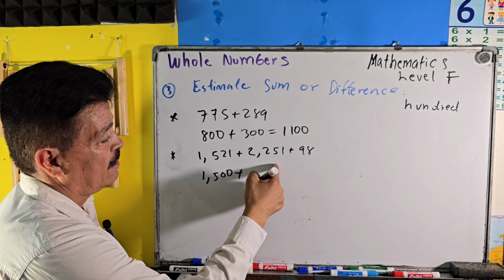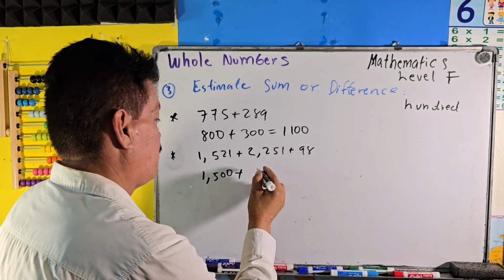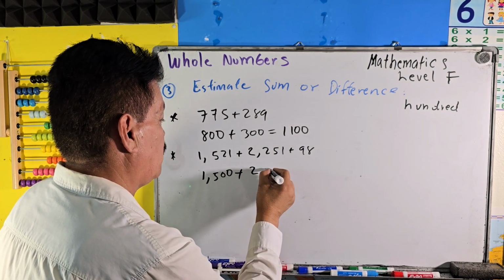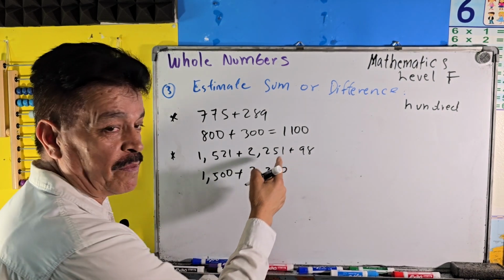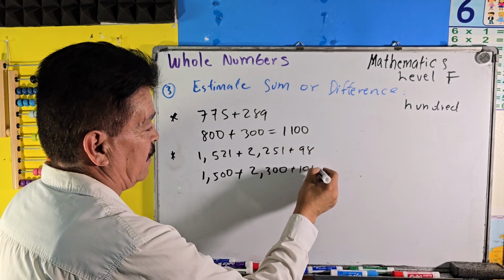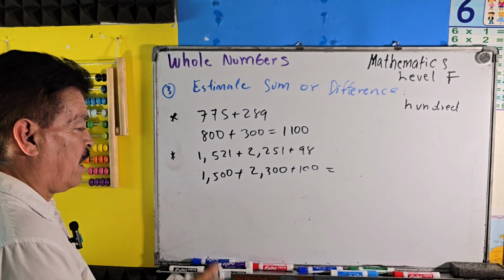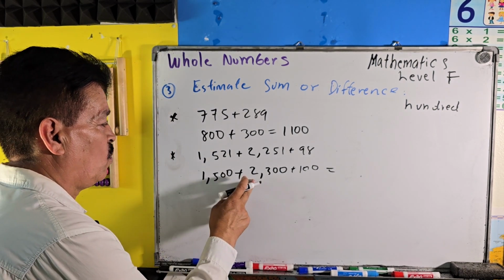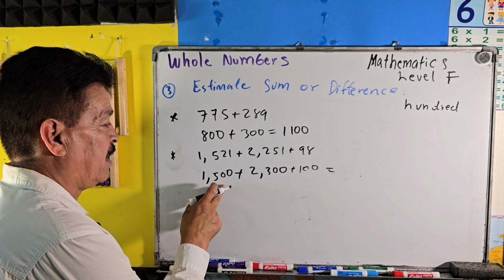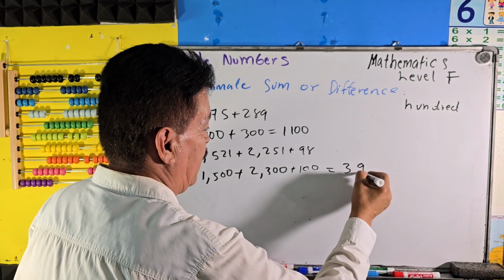Plus here, 51 is more than a half, so we use 2,300. Here is 100. So what is the answer here? 1,500, 2,300, 100, so 3,900.